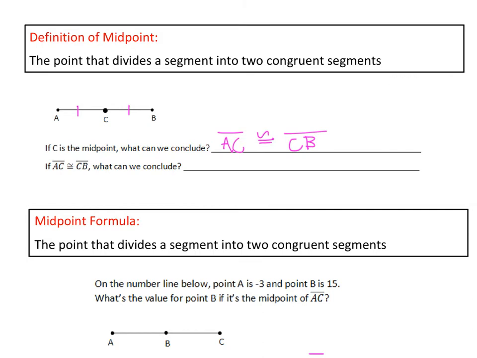So let's say that that's what you knew, that AC is congruent to CB. Then you can conclude that C is the midpoint. And remember that C is capitalized because it's identifying a point on the line. And just to be more specific, it's the midpoint of segment AB.